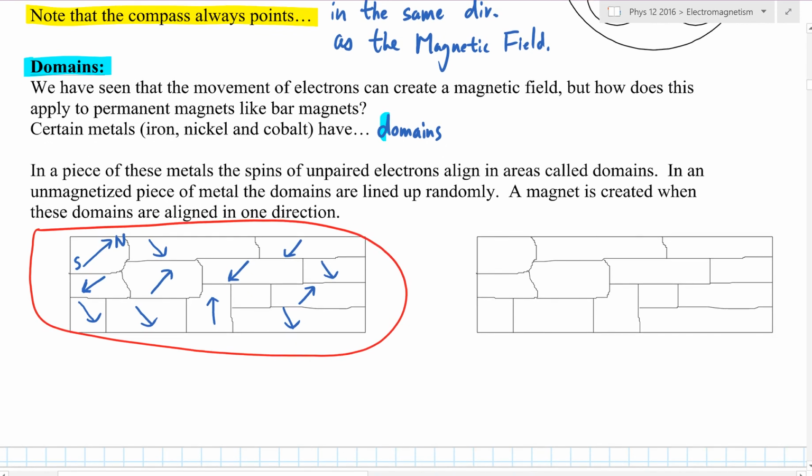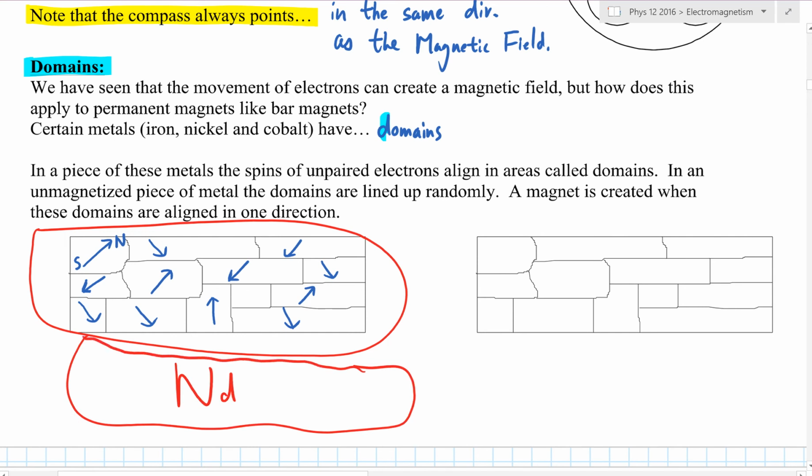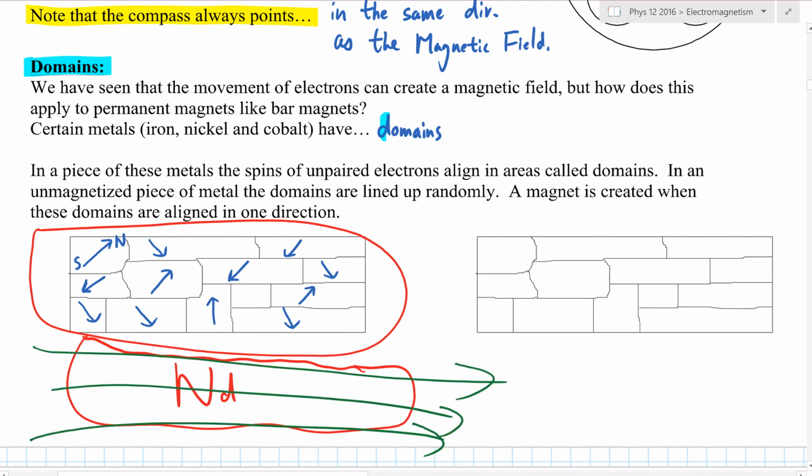Neodymium is naturally magnetized and is one of the strongest magnetic elements you can find on Earth. So let's say you put this giant metal bar next to a giant neodymium ore for like 10 days. This giant neodymium ore has its magnetic field lined up really, really strongly, just like a bar magnet.